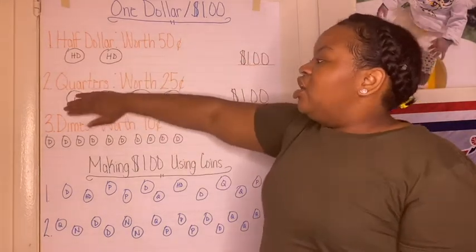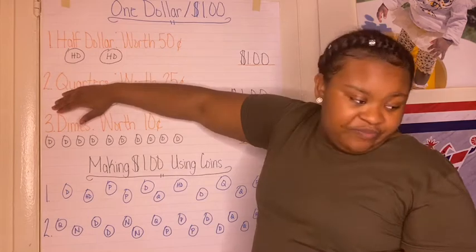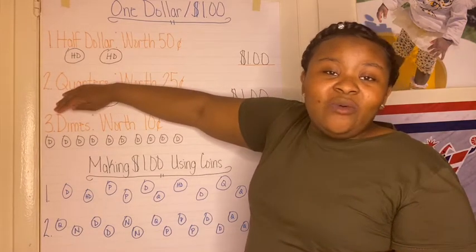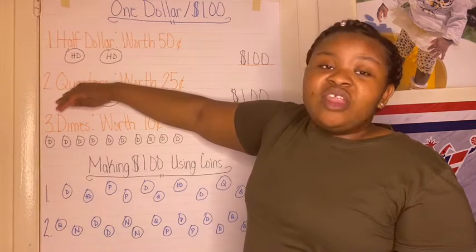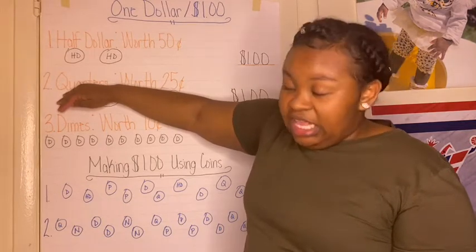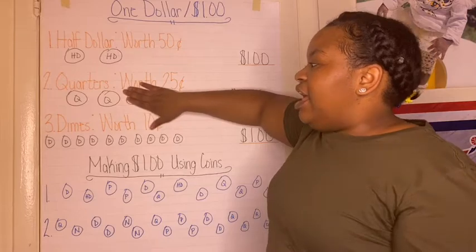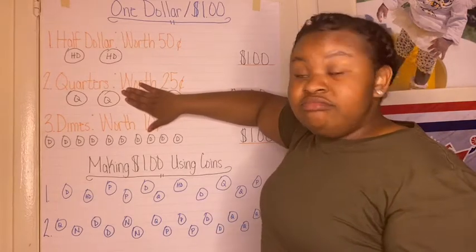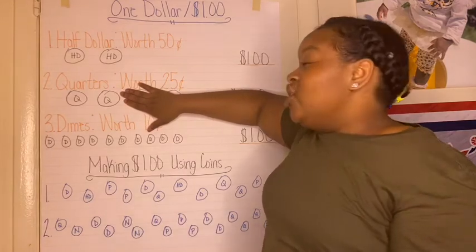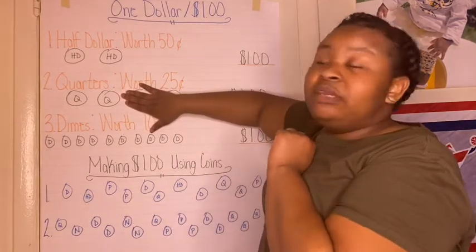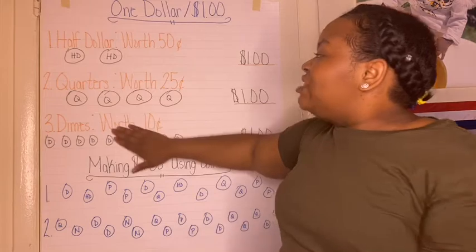Now let's go to number 2, where it says quarters. First off, I am well aware that quarters are worth how much? Great. Quarters are worth 25 cents. So I know that with 2 quarters, I'm automatically getting one of my half dollars. So with 2 quarters, if I'm automatically getting one of my half dollars, what if I add 2 more quarters?